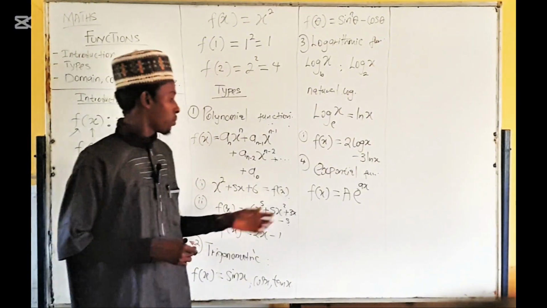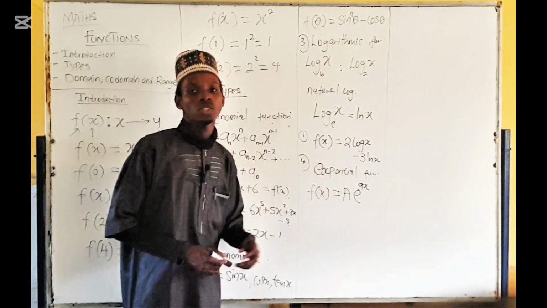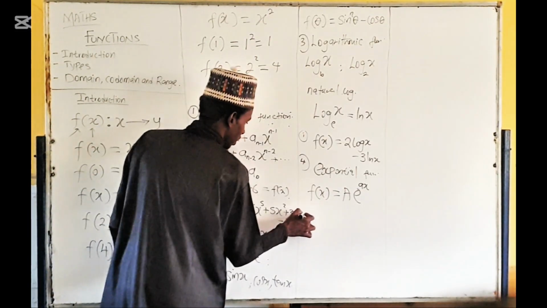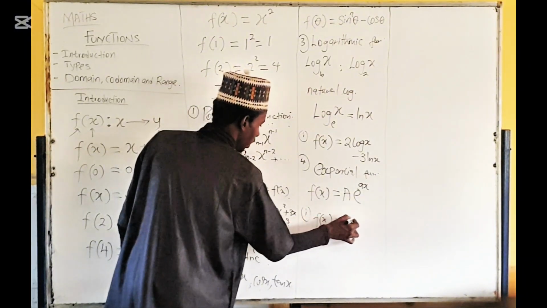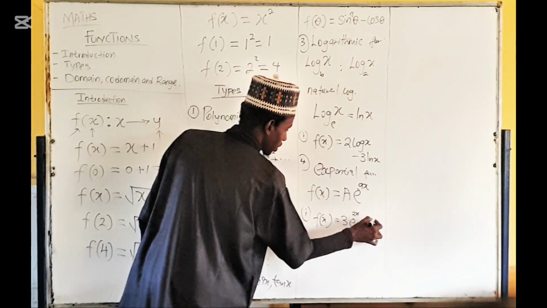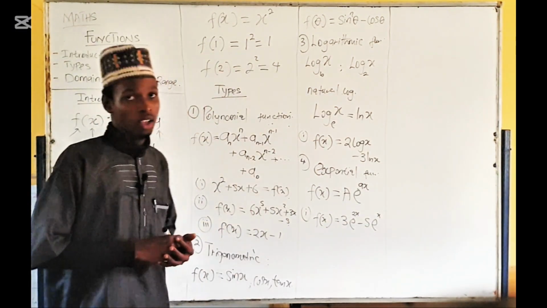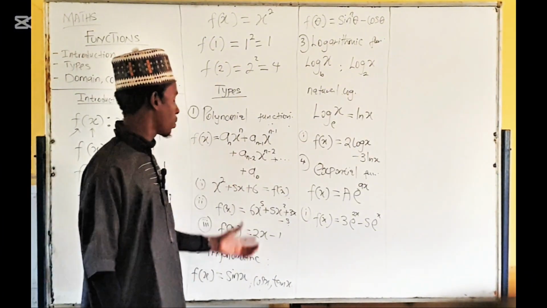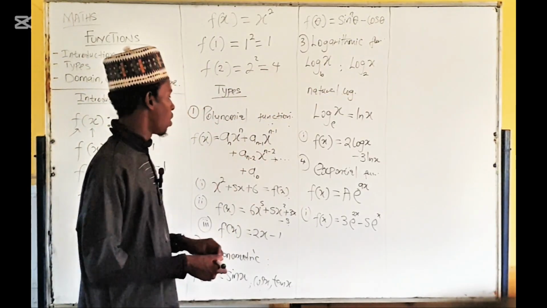That is, f of x equals a number, exponential, another number as coefficient of the power, and we have x. For example, let's say f of x is equal to 3e^(2x) minus 5e^x. This one is a function of what? Exponential functions. As I said, there are polynomial functions. We see the examples: trigonometric functions, logarithmic functions, and exponential functions.